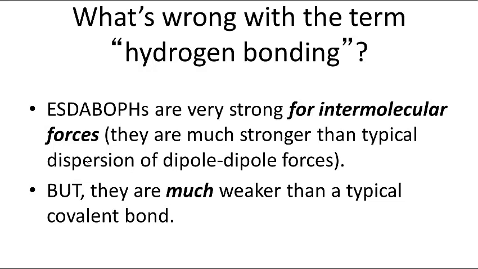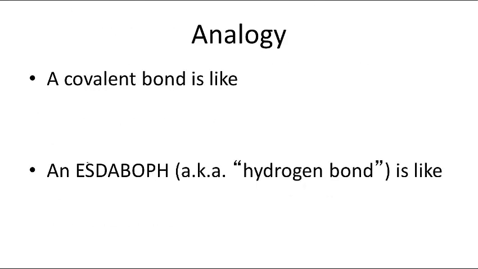All right, so we're very lucky that we have Estebovs. But these Estebovs are much weaker than a typical covalent bond. So compared to the other intermolecular forces, they're strong. Compared to covalent bonds, they are weak. And here's a nice little analogy.